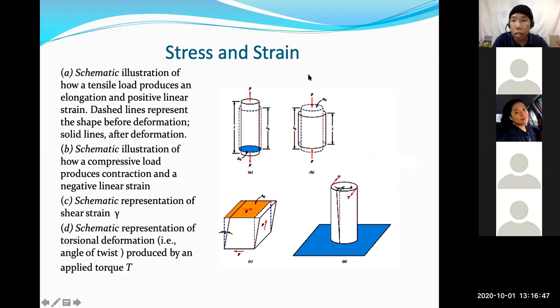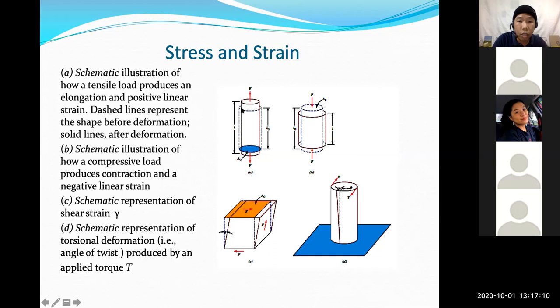Okay, so these are in support to the video that we have watched, or in reference to the video that we have watched. These are illustrations of the tensile. The first one here is how a tensile load produces an elongation and positive linear strain.